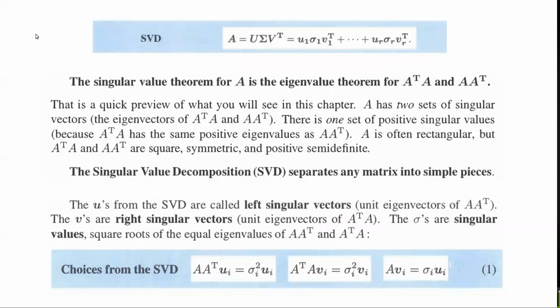Say we have a matrix A, and let's look at this case. A is given by U sigma V transpose.